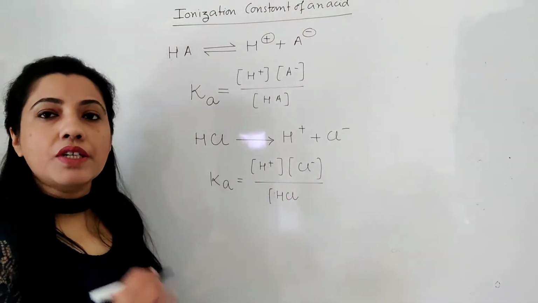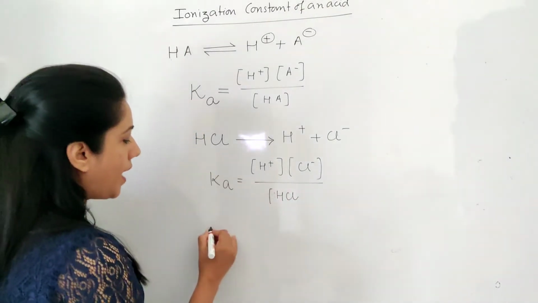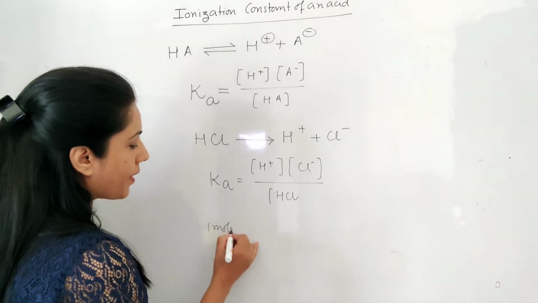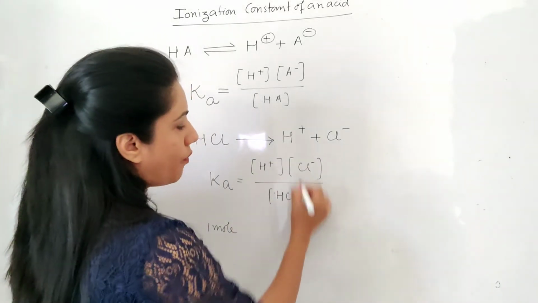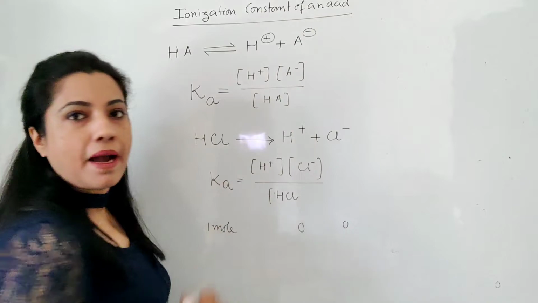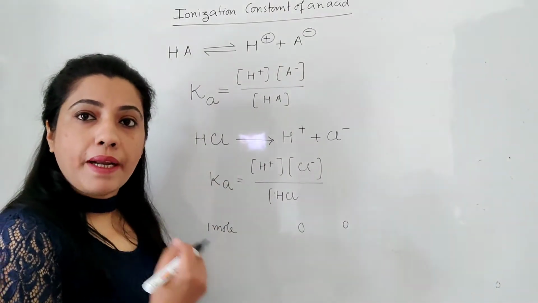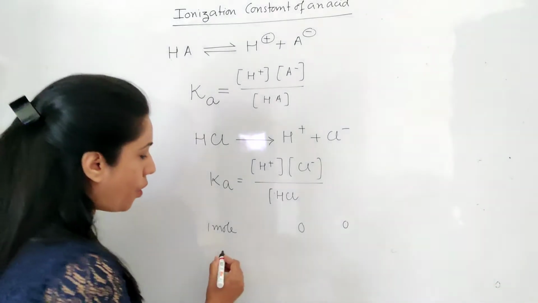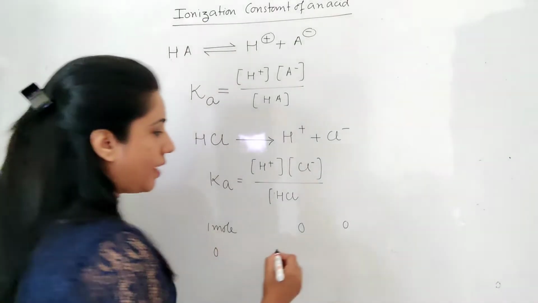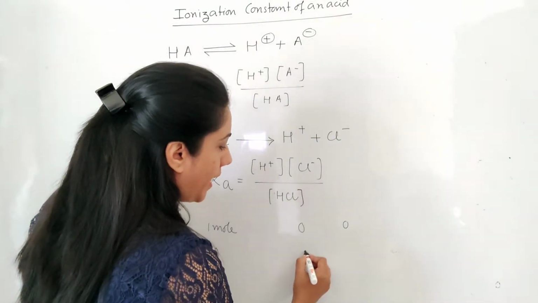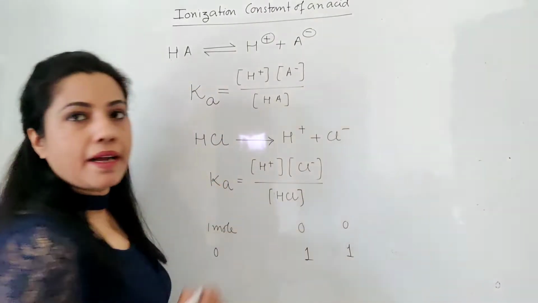Now consider, initially we take 1 mole of HCl. So initially there is 0 mole of H plus and 0 mole of Cl minus. After some time, the HCl will completely dissociate and you will get 0 mole of HCl and 1 mole of H plus and 1 mole of Cl minus.